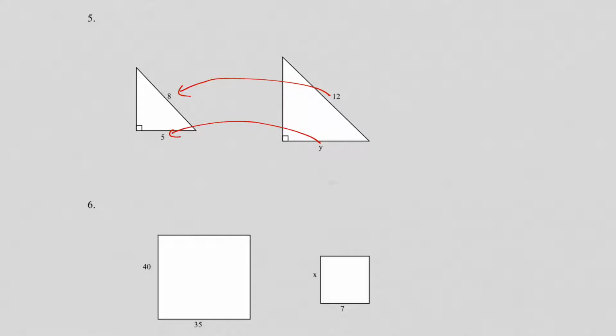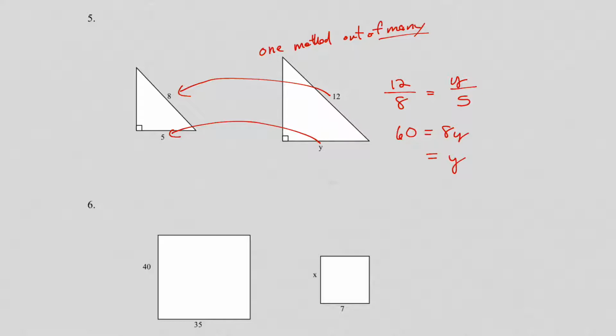So remember, this is one method out of many. So 12 over 8 equals Y over 5. Okay. So 60 equals 8Y. Whoops, I forgot to show what I just did.